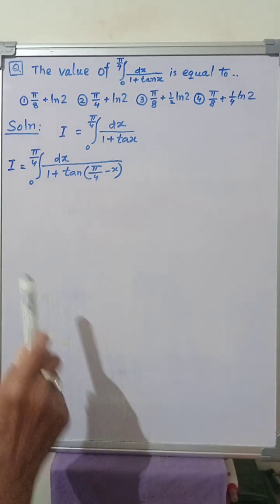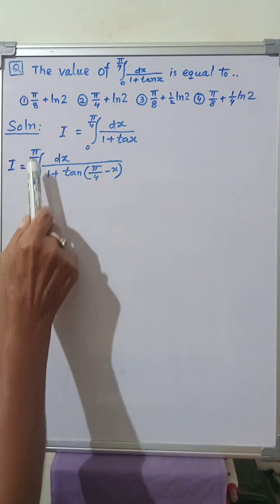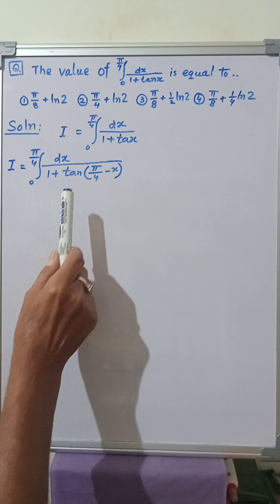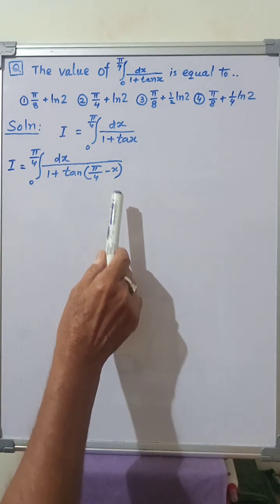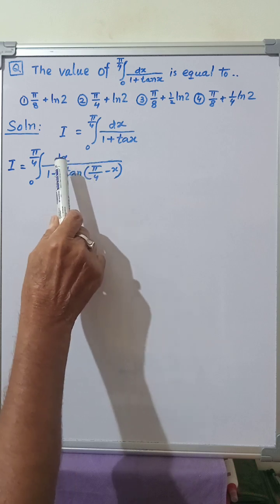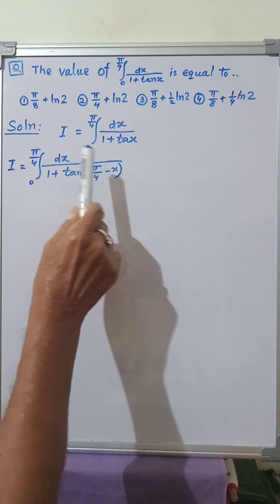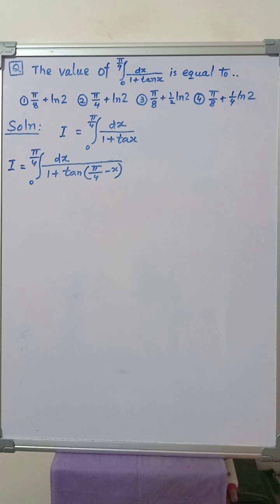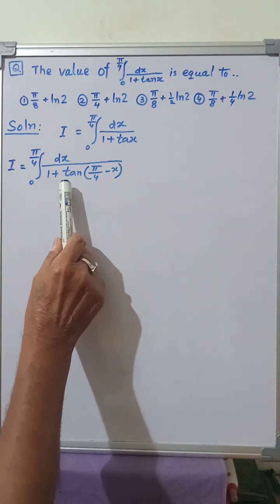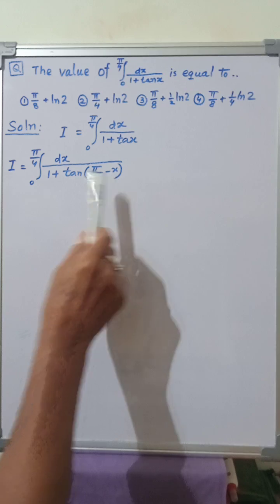Applying the rule, we get I is equal to integral between 0 to pi by 4 dx divided by 1 plus tan of pi by 4 minus x, because dx remains unchanged when we write f of a minus x into dx. Now let us first evaluate the value of tan of pi by 4 minus x.